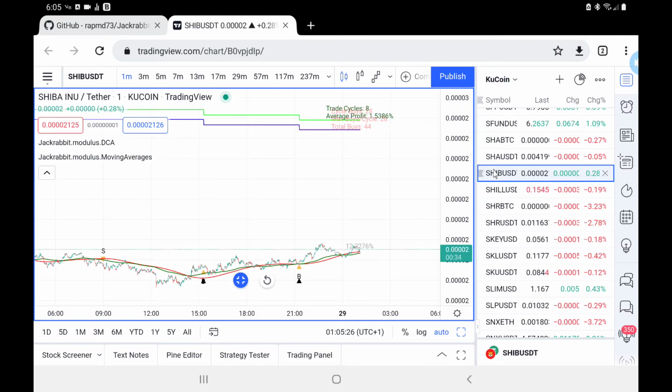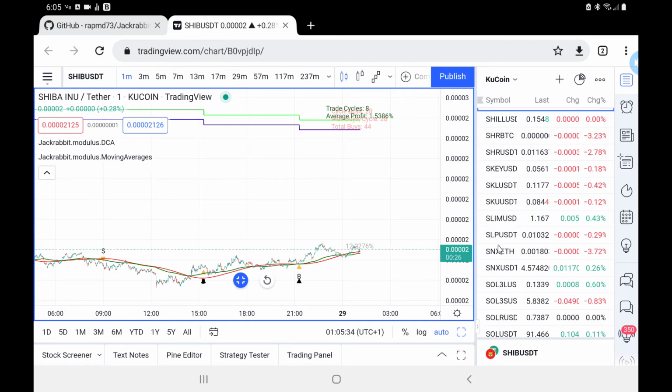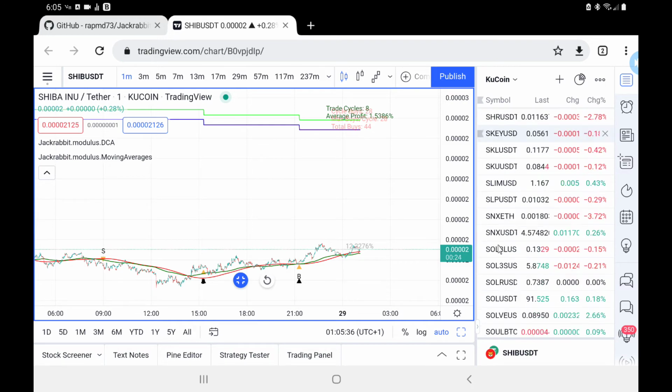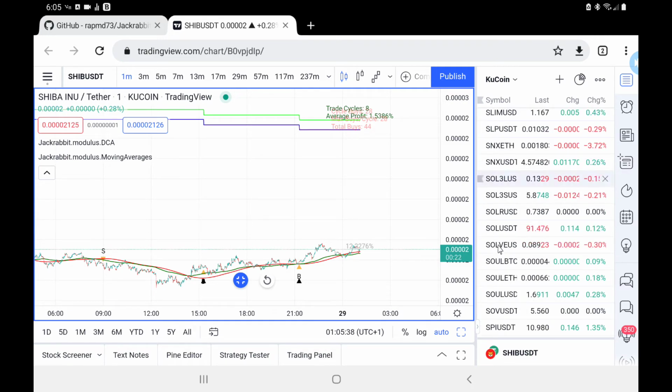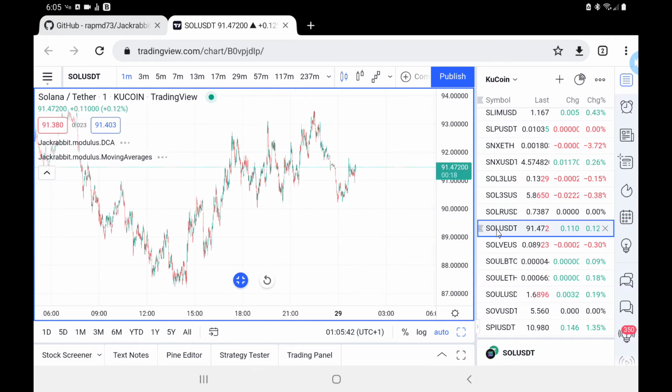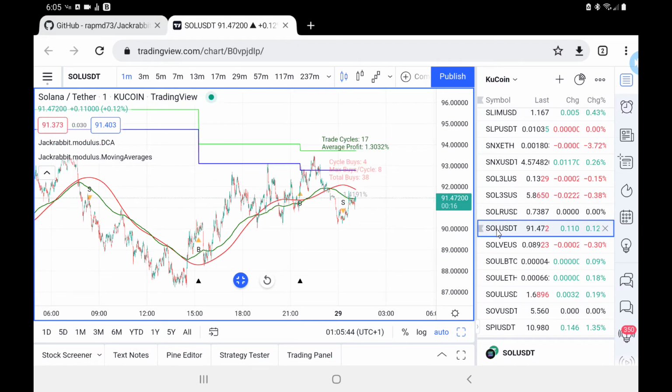That seems to be all the rage lately. It does pretty good. So, Solana. This is definitely a pretty active coin and pretty profitable.